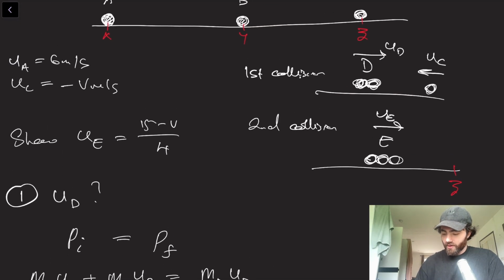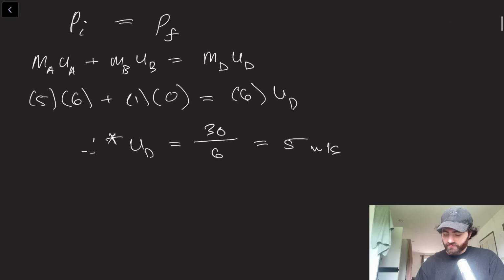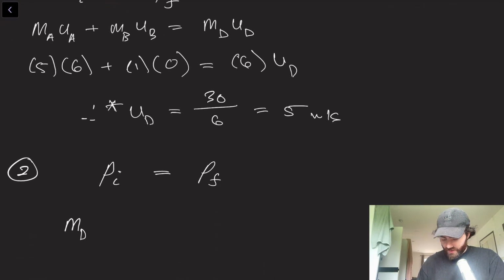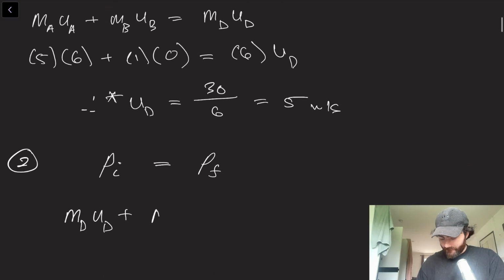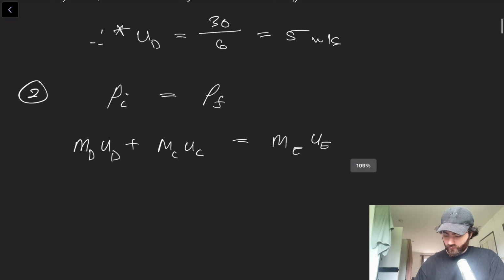Now we can look at this second part as where these two things collide. So this is after the first collision, after the second collision. Again the initial momentum equals the final momentum, but for this collision, the initial momentum will be M of D, U of D, plus now M of C, U of C, which equals, because they all come together, M of E times U of E, or final velocity, whatever.